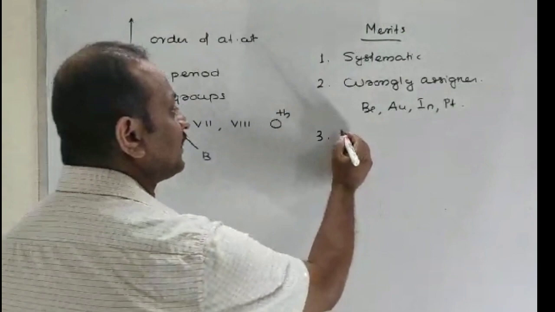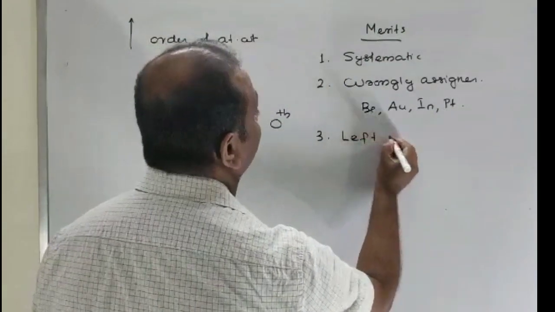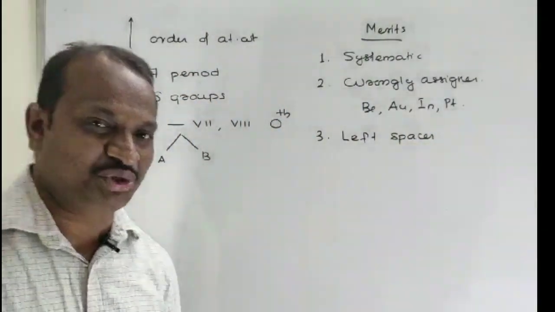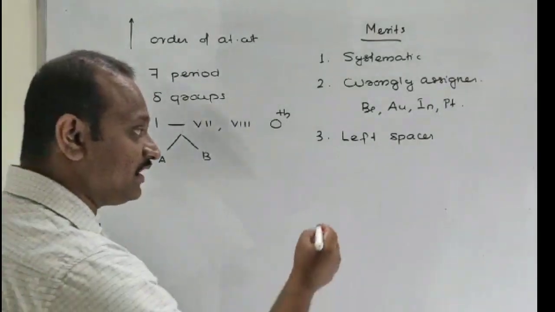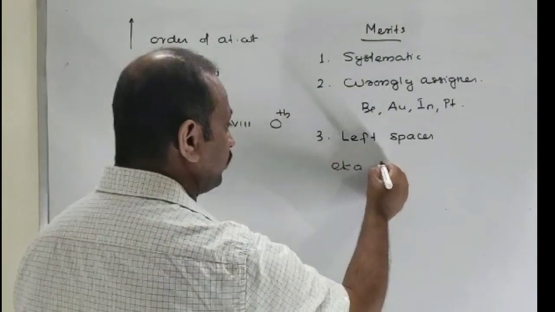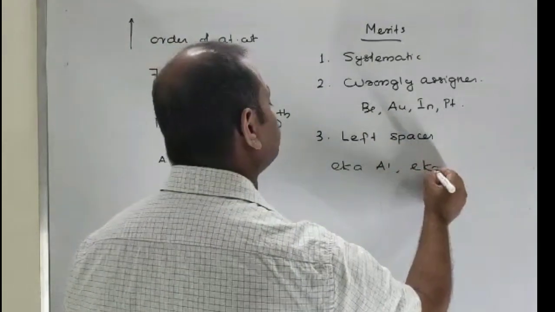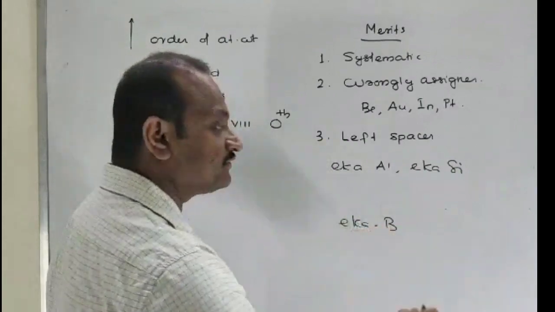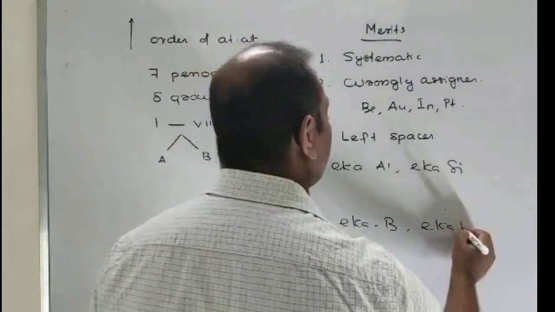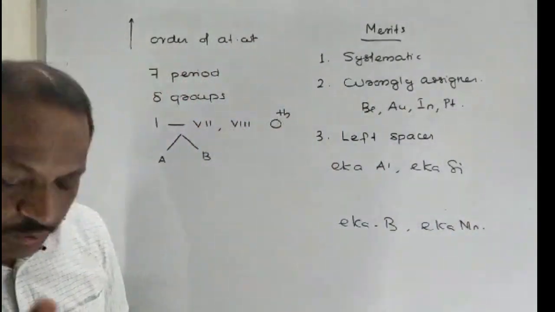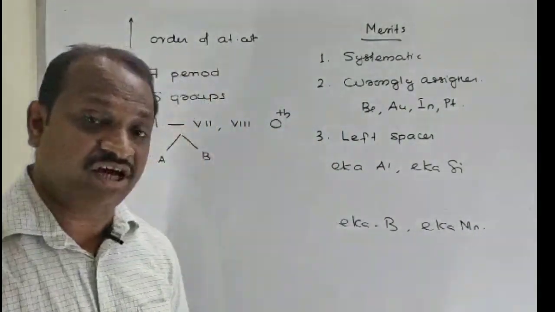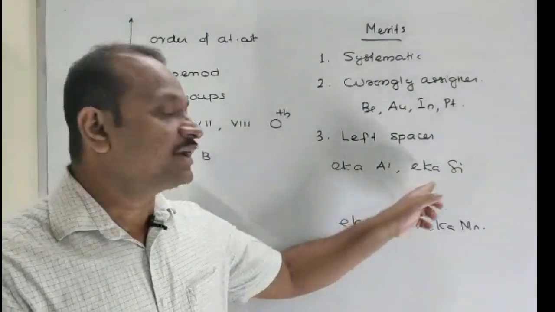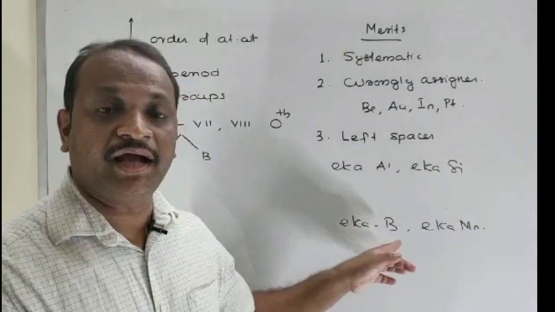Do you know the examples? They are called Eka aluminium, Eka silicon, Eka boron, and Eka manganese. So he left vacant spaces for the undiscovered elements, and at the same time he predicted the properties of those elements.